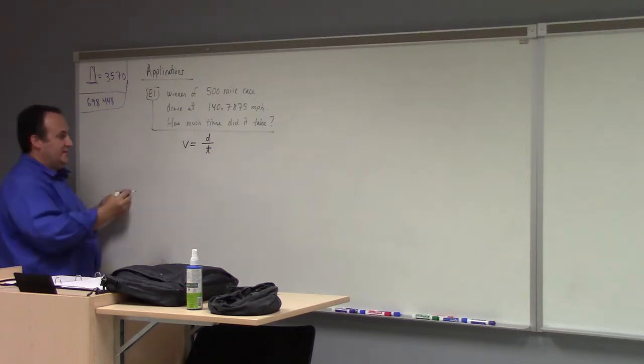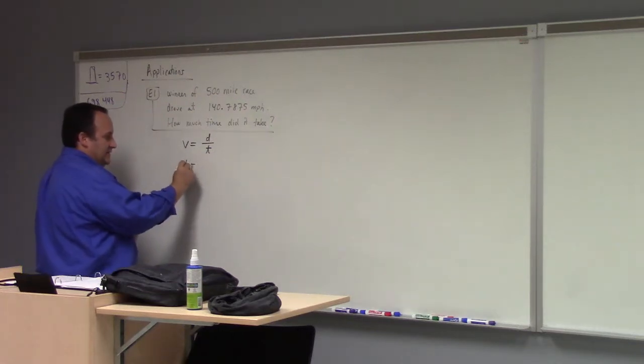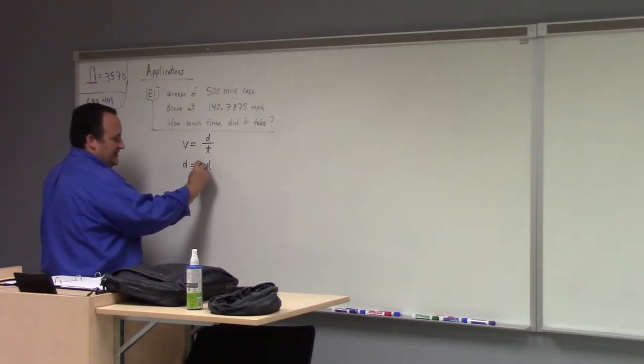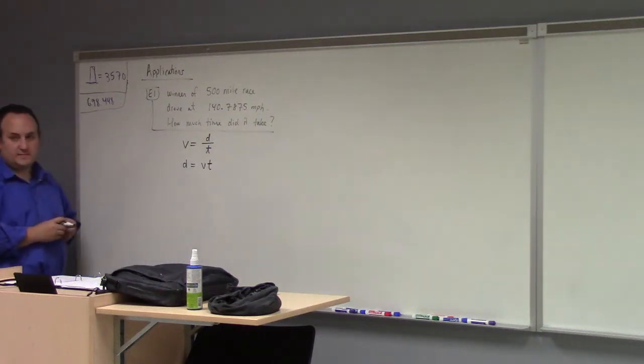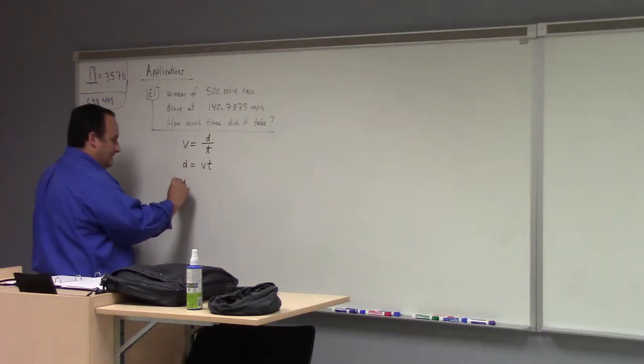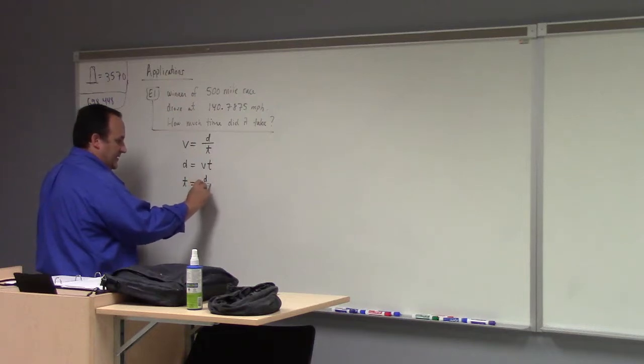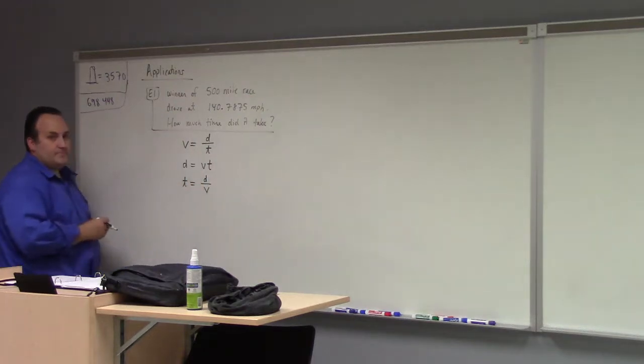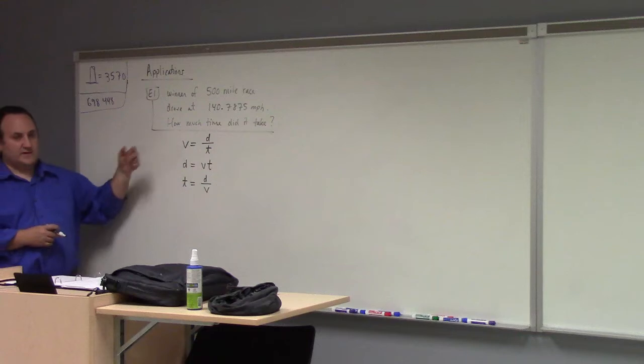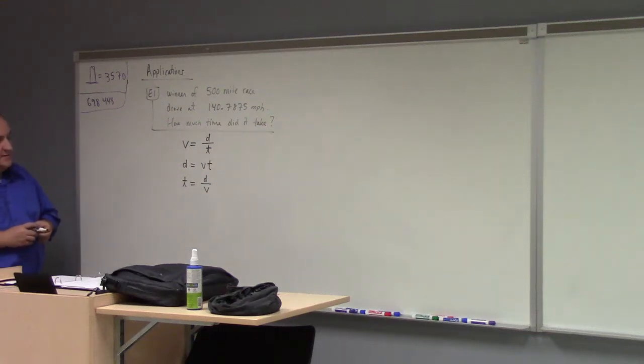But we could also write that the distance is equal to the velocity times time. That's also true, right? But that's not quite the formula we want here. We want the time, which is equal to the distance divided by the velocity, right? If we solve the first equation for t, that's what we get.